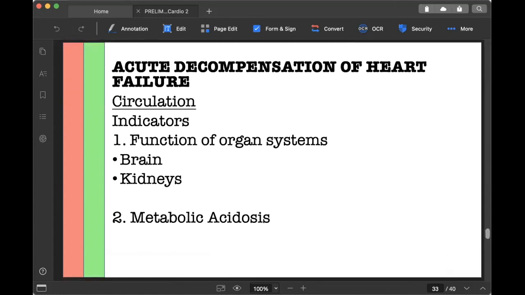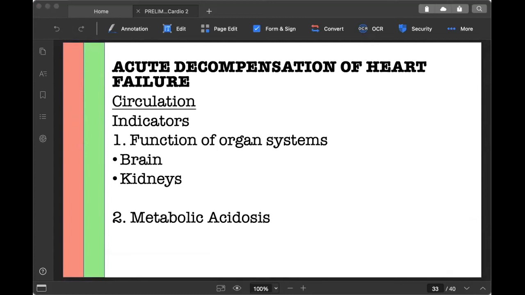How about your acute decompensation of the heart, the circulation, the function of the organs, the brain, and the kidney? The indicators of this one in terms of the brain is there's going to be confusion. It's because we are lacking oxygen and blood coming from the heart going to our brain.